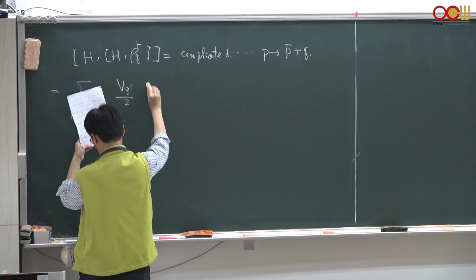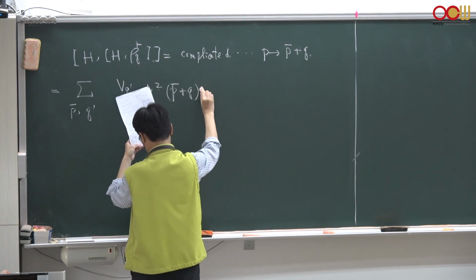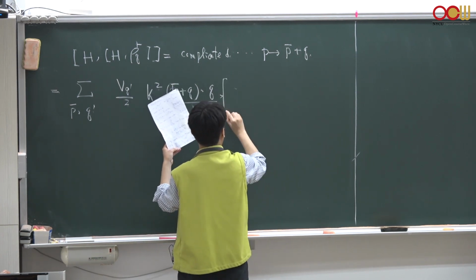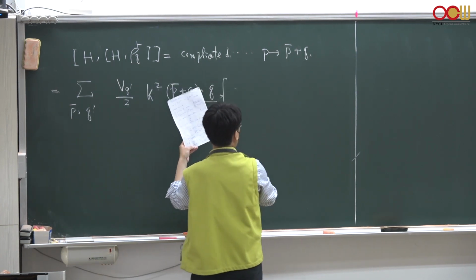q prime over 2 plus q dotted q divided by m, and multiply by these complicated terms.